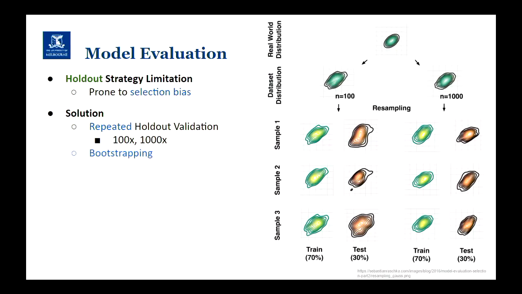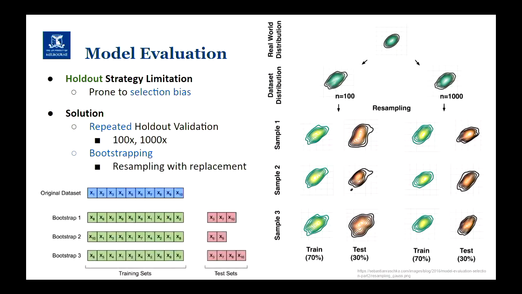And you can do either a repeat holdout validation, or you can do something called bootstrapping. Bootstrapping in this particular scenario means you're doing your resampling with replacement. So you put the data sets back. So let's say you have your original data set, and you're selecting on your first bootstrap iteration, you put 3 out as your test set, and out of the 7, you select 10 again.